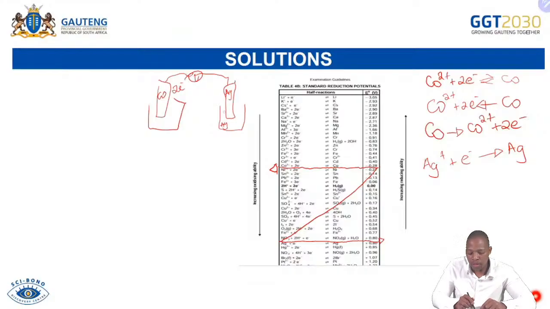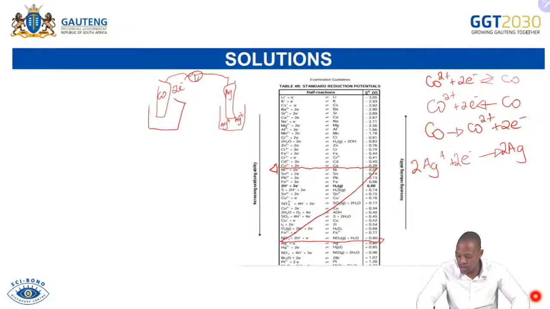So for them to use both of these electrons, they will need what? 2 silver ions. Therefore, this must be balanced here. So for every 2 silver ions, we'll be able to use the 2 electrons. Then we end up having 2 silver atoms at the end of the day.